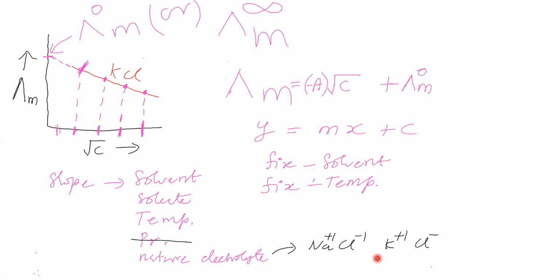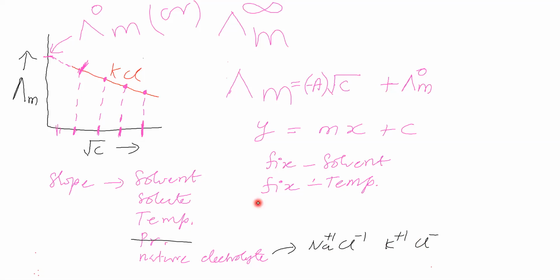Now you say, is the magnitude of slope for these two different or same? For these two, the remaining things we have to fix. Solvent is fixed, so the solvent is the same for both. Temperature is also the same for both.